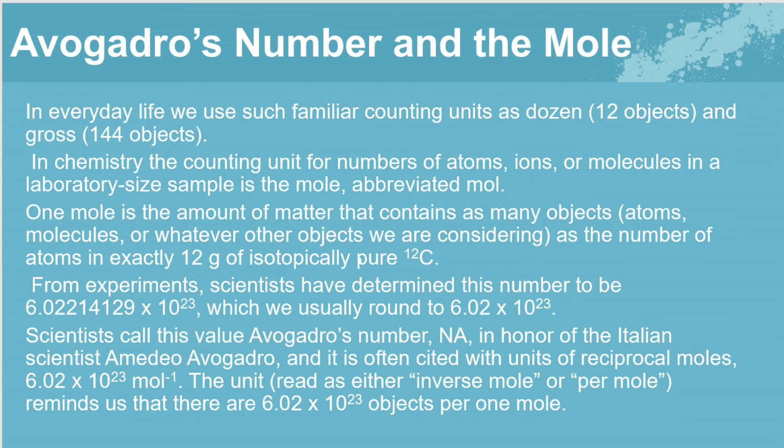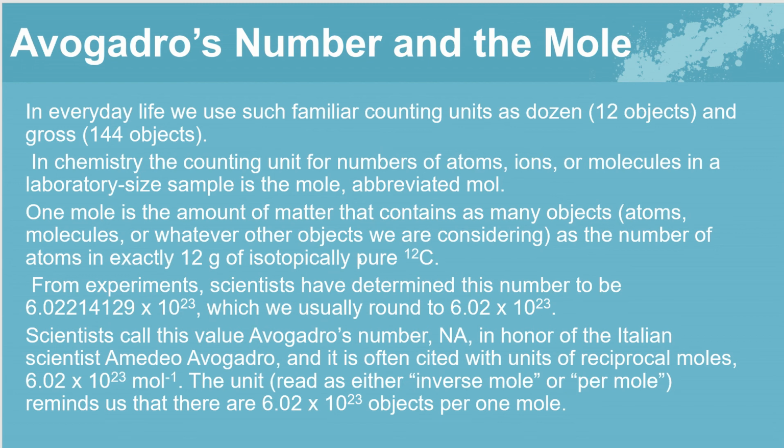So 1 mole is the amount of matter that contains as many objects, whether it be atoms, molecules, or whatever other objects we are considering, as the number of atoms in exactly 12 grams of isotopically pure carbon 12, right?